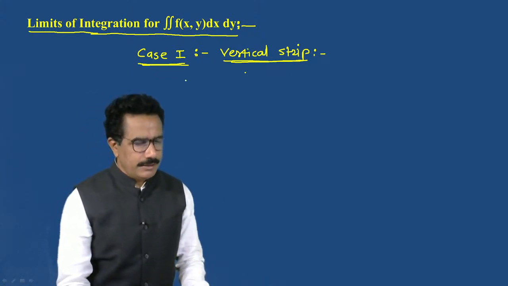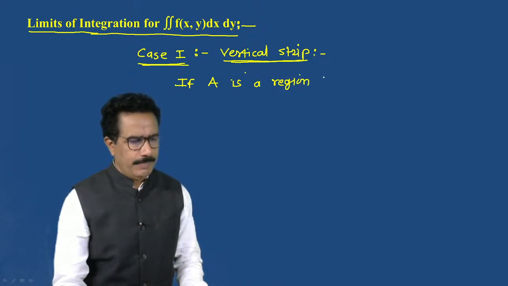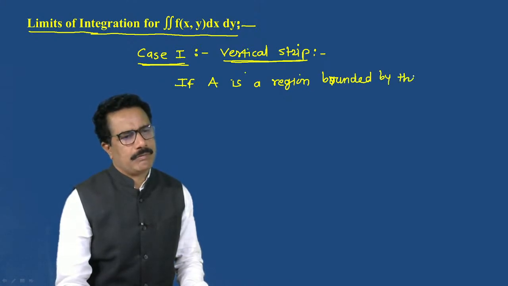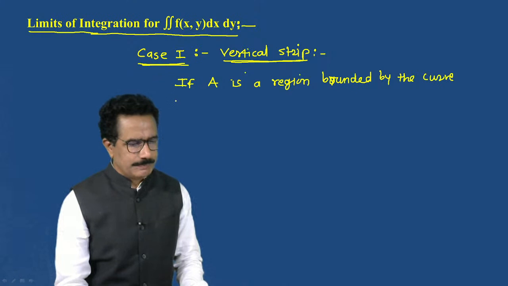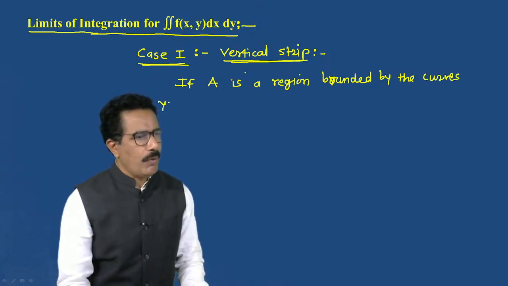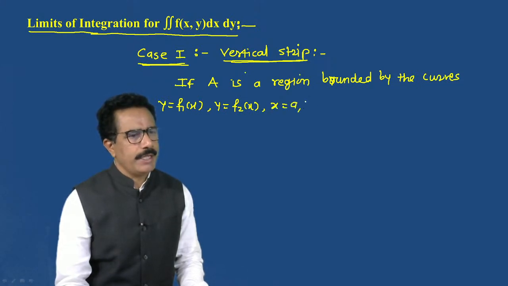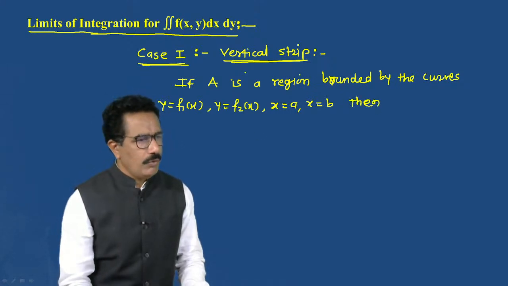Now we know that if A is a region bounded by the curves y equals f1 of x, y equals f2 of x, x equals a, x equals b, then we can write the double integral.